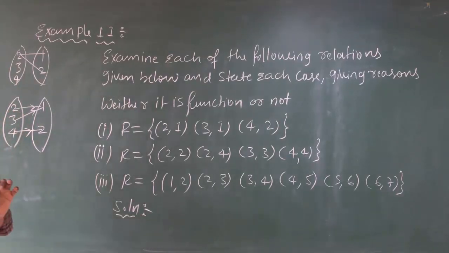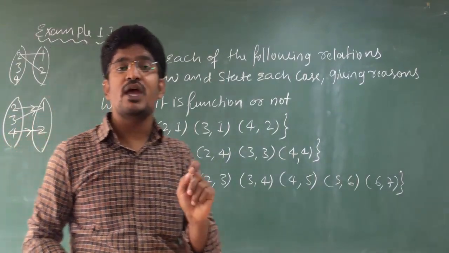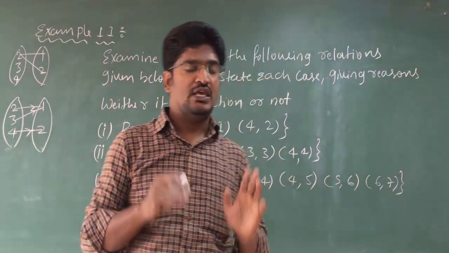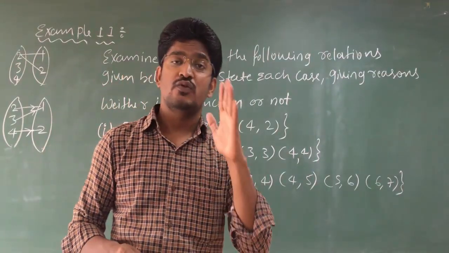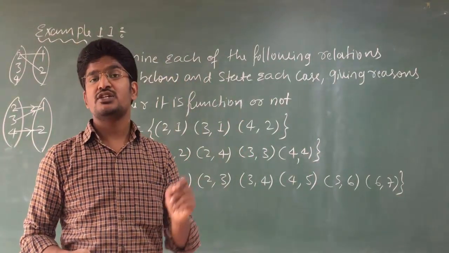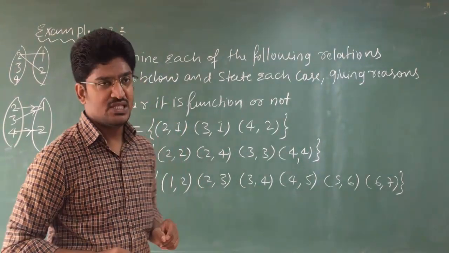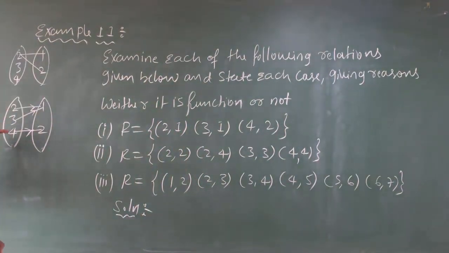What does the definition tell? The elements of the domain must have a unique image. The images can be the same. They have not said that images cannot be the same. They only said every element of the domain must have a unique image. So that's why 2, 3, 4 have unique images. That means they have one image each. Clear? Here 2 has two different images, but here 2 has only one image, 3 has only one image, 4 has only one image.